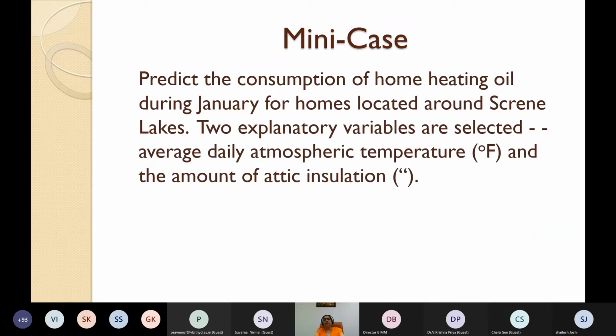We need to predict the consumption of home heating oil during January for homes located around some particular site. Two explanatory variables are selected: the daily atmospheric temperature and the amount of attic insulation in some units.